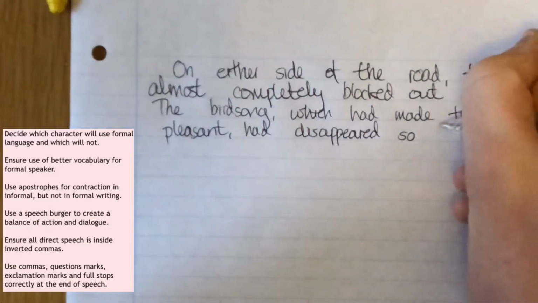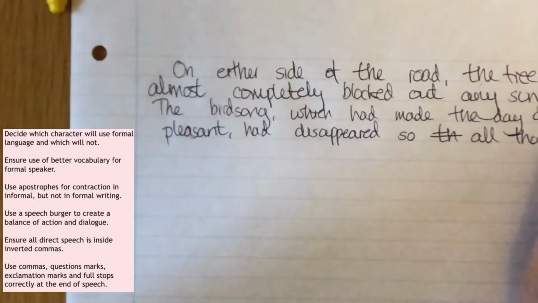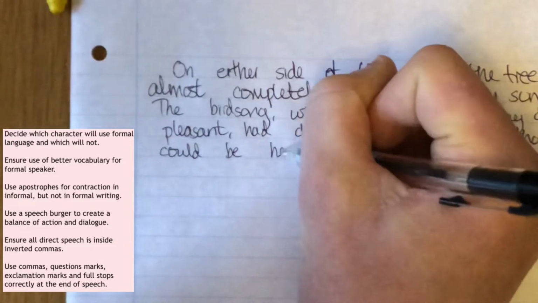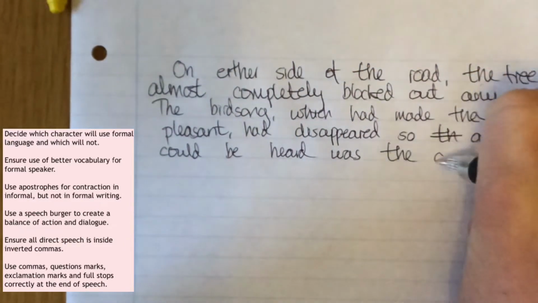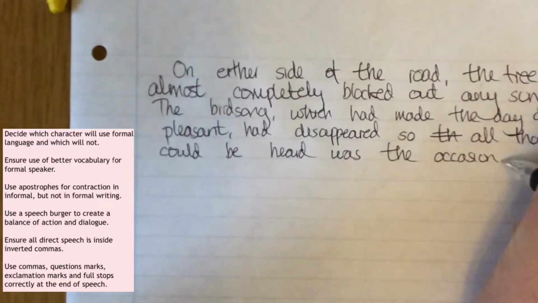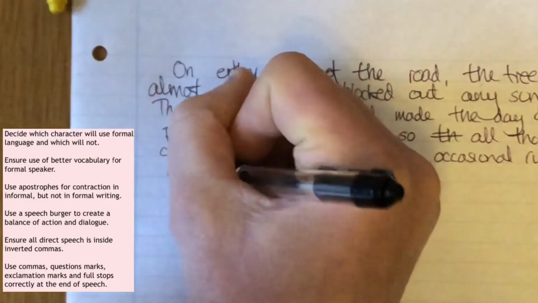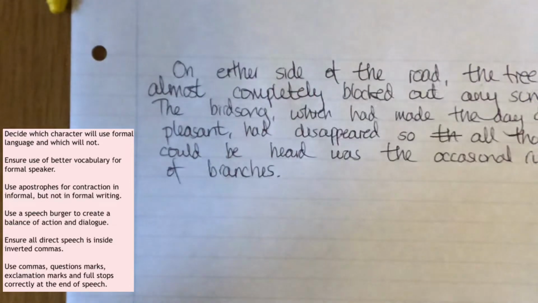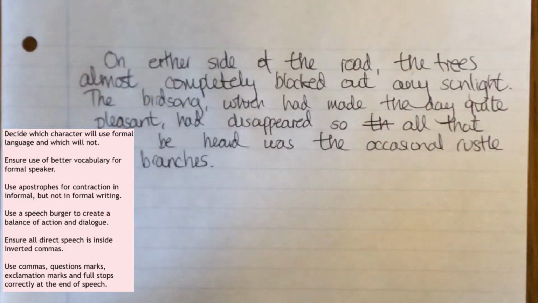So all that could be heard was the occasional rustle of branches. Okay, got in some description there now. That hopefully explains a little bit about where they are and what's going on.